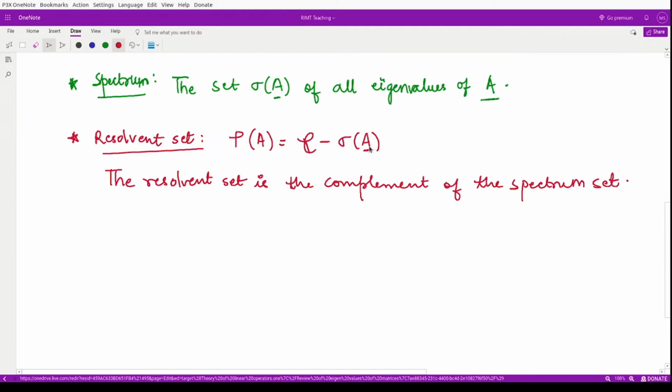If your matrix A is real, in that case the resolvent set is defined to be the real plane minus the spectrum of A. So this is the definition.